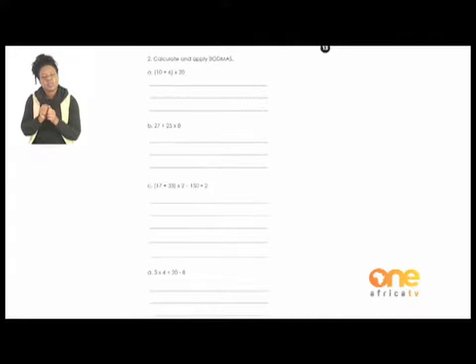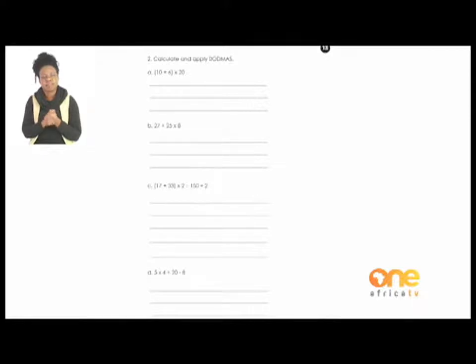Number C, in brackets, 17 plus 33, times 2 minus 150 divided by 2. Also a very, very nice BODMAS sum because there's a bracket, a multiplication, a subtraction, and a division. And lastly, 5 times 4 plus 20 minus 8.